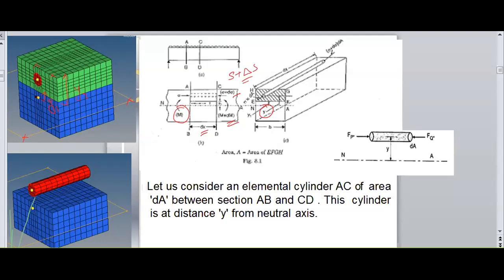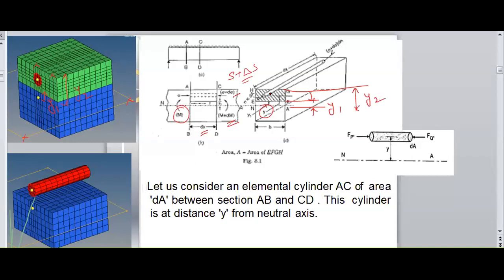In the diagram, the green hatched area begins at a distance of y1 from the neutral layer, and the topmost layer distance from the neutral axis is y2.